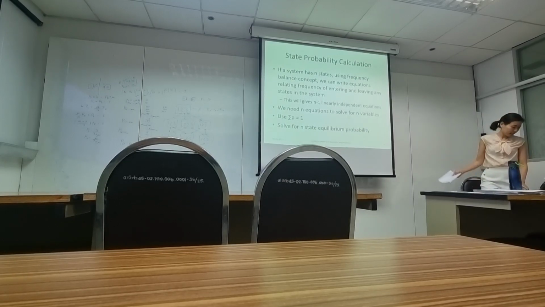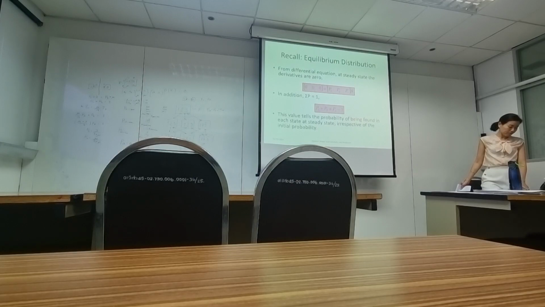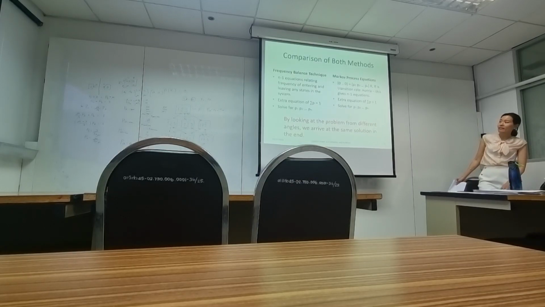That's how I think I already explained that point for the state probability calculation. You have the same sets of equations. Okay. So you can compare that. It's the same thing. The same thing. Okay. You have n-1 equations.